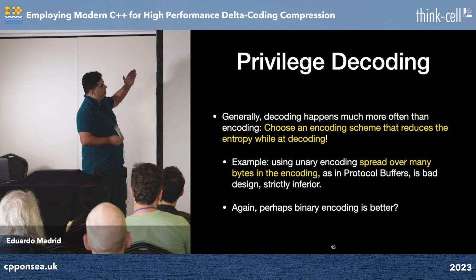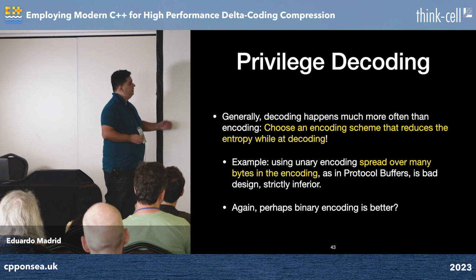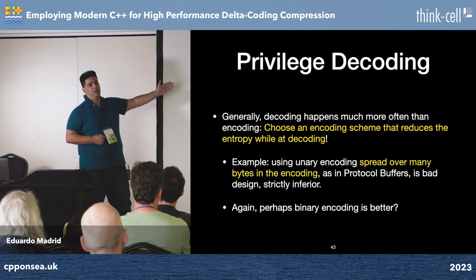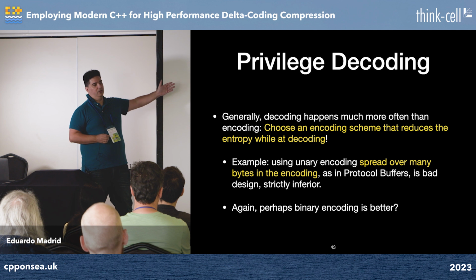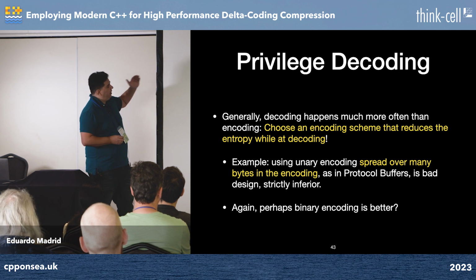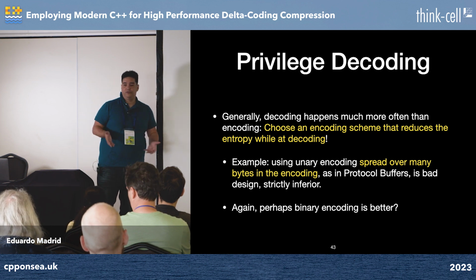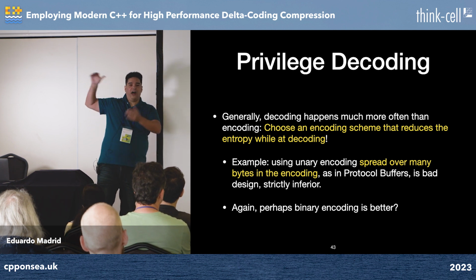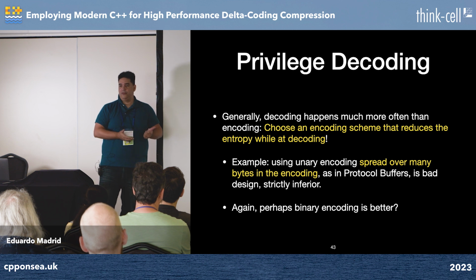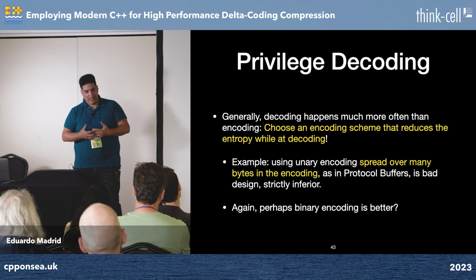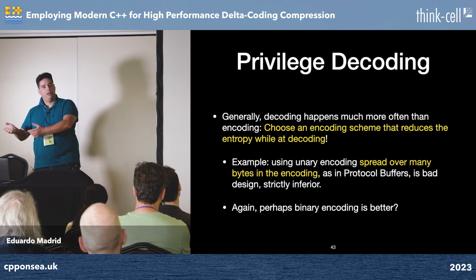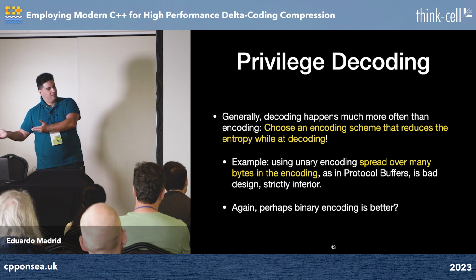But I bring up the subject because when you are designing codes, you ought to privilege the decoding, okay? Because in principle, most times you're going to be encoding a few times and decoding far more often than the number of times that you're encoding. So it is natural that the encoder is going to reduce the entropy that the decoder is going to experience.